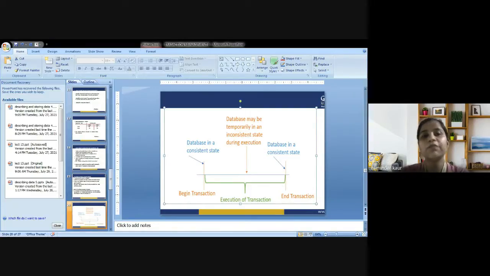A successful transaction can change the database from one consistent state to another. And a DBMS transaction must be atomic, consistent, isolated, and durable. If the database were in an inconsistent state before a transaction, then it would remain in an inconsistent state after the execution of the transaction.